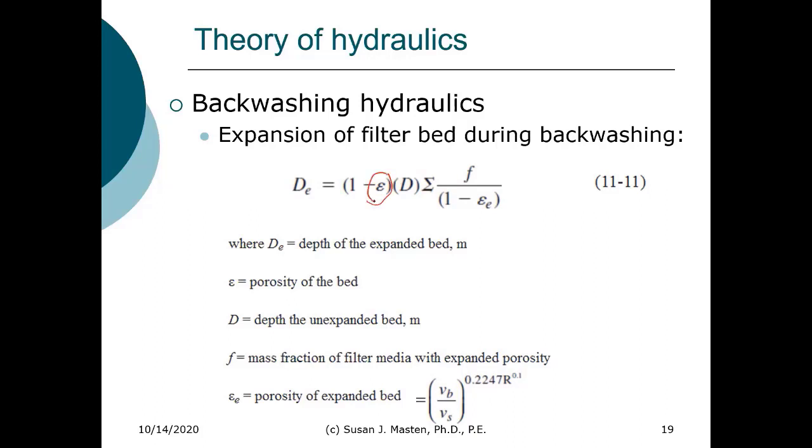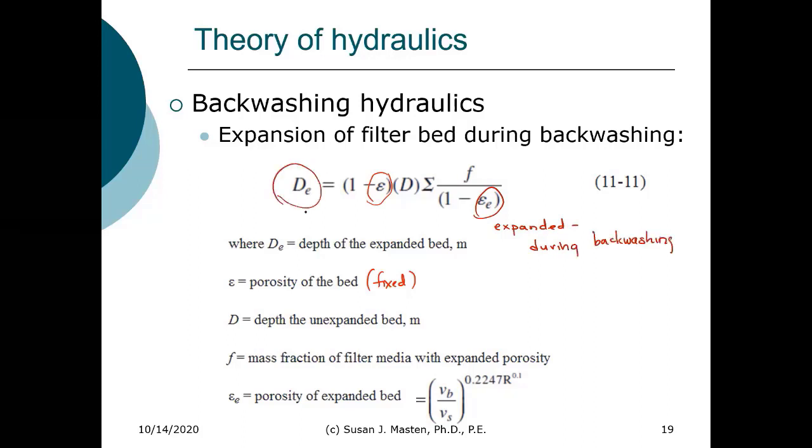So this is the porosity of the fixed bed. This is during normal operation. This is the porosity of the expanded bed. So this is during backwashing. And D sub E is the depth of the expanded bed. So if you think about this, this is our filter, this is our sand.